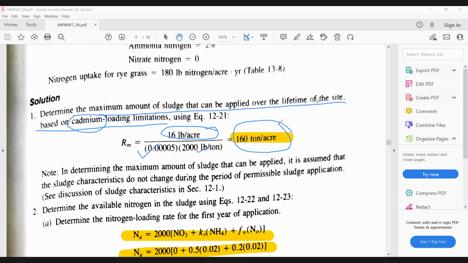Throughout the life of the site, this is the maximum. In determining the maximum amount of sludge that can be applied, it is assumed that the sludge characteristics do not change during the period, and that the cadmium concentration is not going to increase in future.